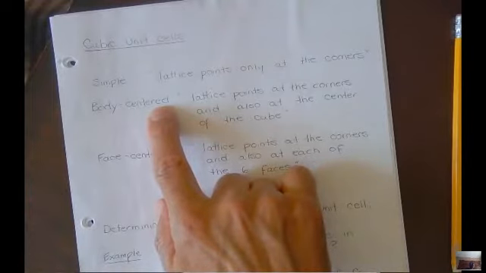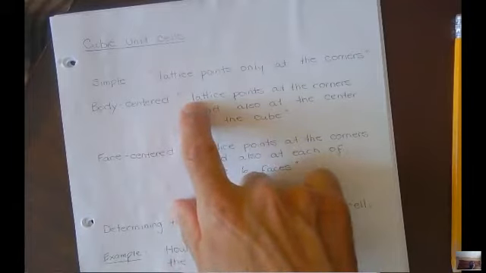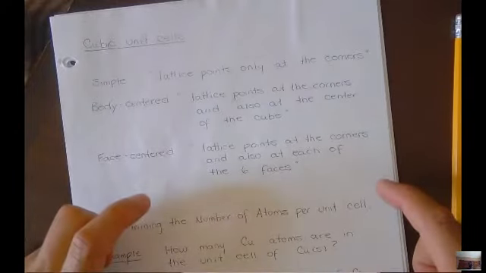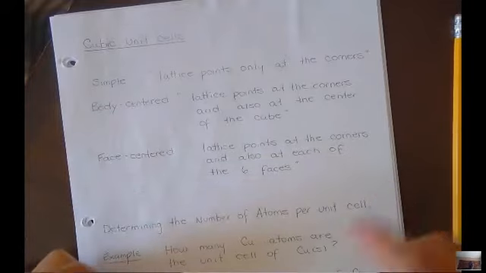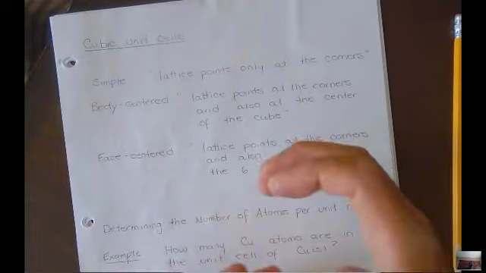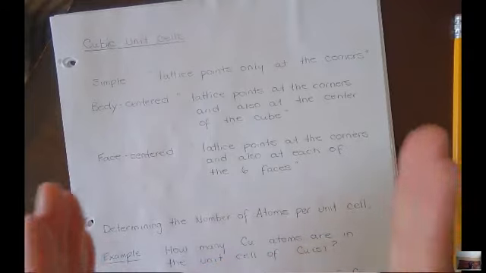In the body of the cube, right in the center, there's an atom, or in a crystal, there's a point, something there. Good? Last one. A face-centered, which is actually the most common, has atoms at each of the 8 corners and also an atom right in the middle of each of the 6 faces. If you think of a cube, there is a top, a bottom, a front, a back, and a left and a right face.